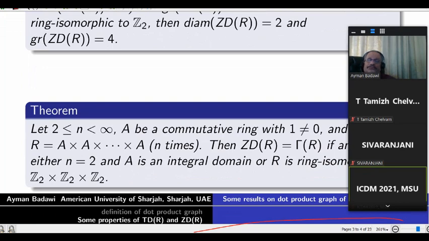Here is a nice result. It's maybe not very difficult to prove, but this is a connection between a graph and the structure of the ring.